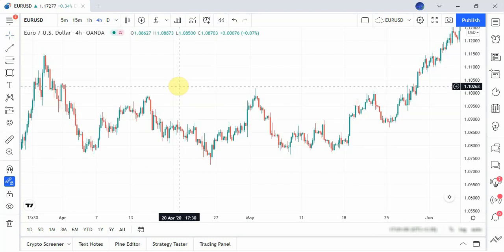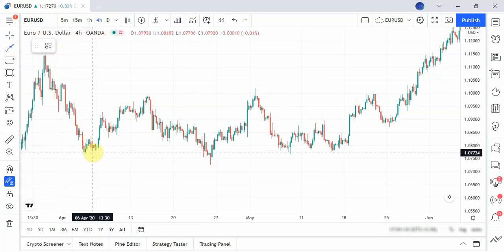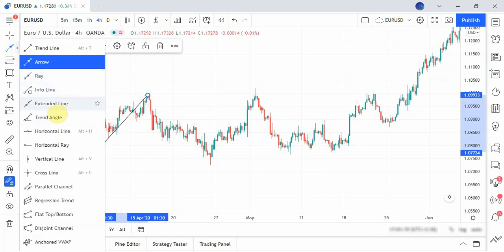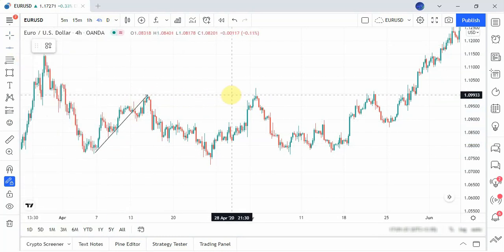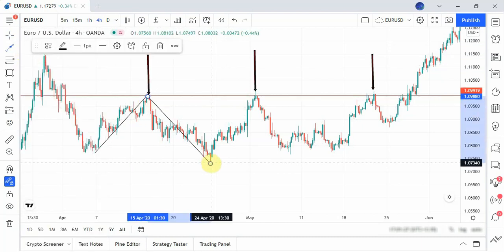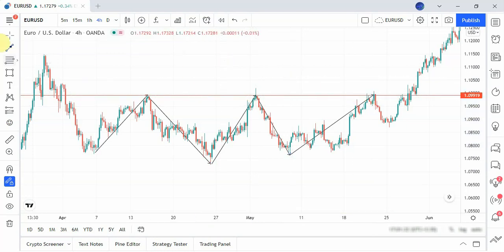As an example, look at this chart, Euro USD at time frame 4 hours. The price pulls up here and touches this point. Then again it backs and retraces to the previous support level. After that, for the second time and third time it touches this level and makes this level or area an area of value.